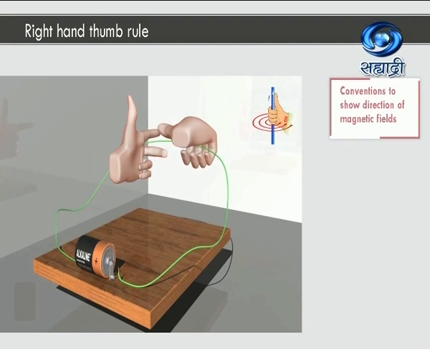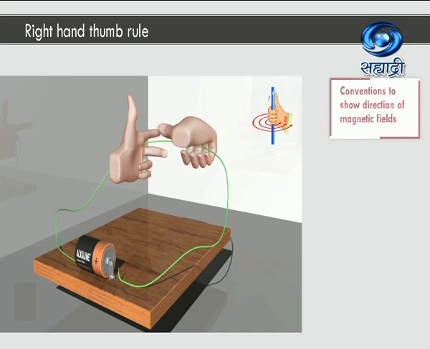You can see on your screen, right top corner, I have given a wire carrying current I. If we imagine that current carrying wire to be held in our right hand such that the four fingers are curled around the wire and the thumb is stretched along the length of the wire.